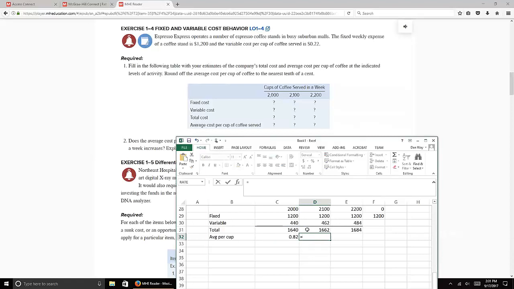Well, that's my total cost, 1,662, divided now by 2,100 cups, 79.1 cents. And then over here on the far right, that's my total cost, 1,684, divided by 2,200 cups, or 76.5 cents.